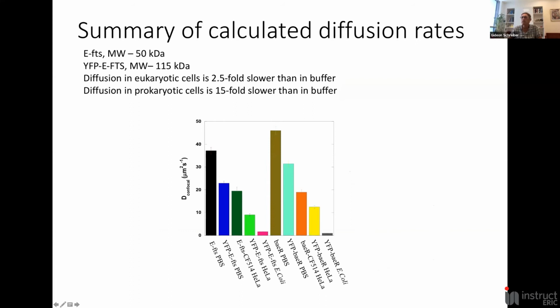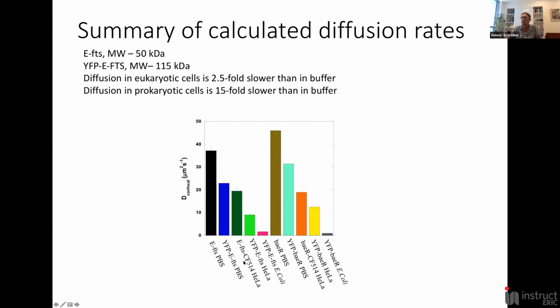If we now make a molecule larger, so this is in PBS for a certain protein, and this is the same protein fused to YFP, the size increases. This is about 60,000, and this is about 120,000 in size, and you can see diffusion gets slower.